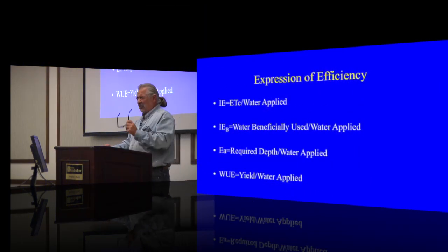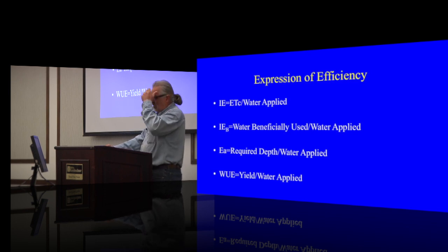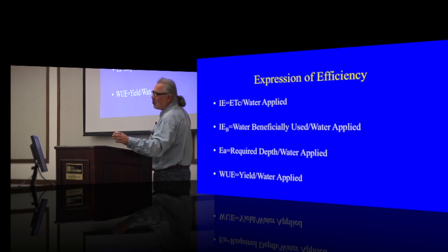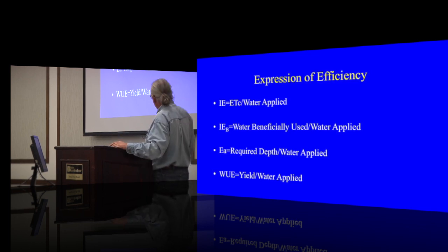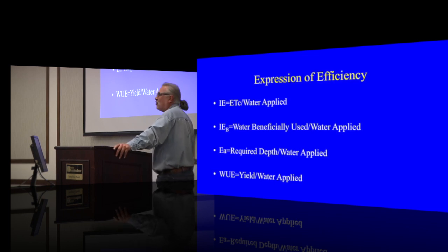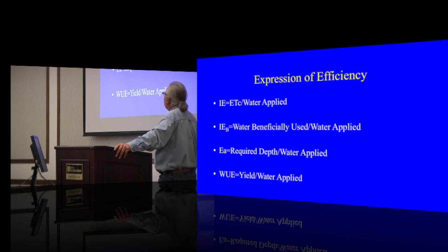A little bit about efficiency. To hear everyone talk about efficiency, there's countless expressions for that. I want to distinguish them because I'm going to throw these terms around, and I want you to be clear what I'm referring to. Irrigation efficiency is the evapotranspiration of the crop relative to water applied. Irrigation efficiency beneficial use is water used beneficially.